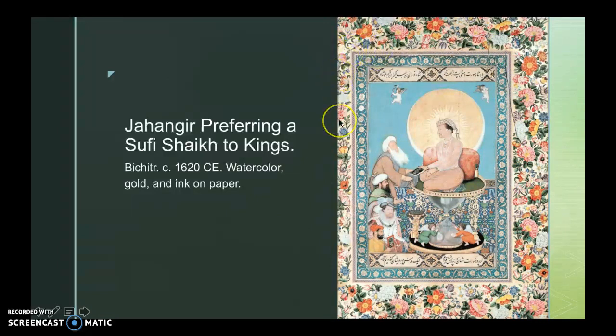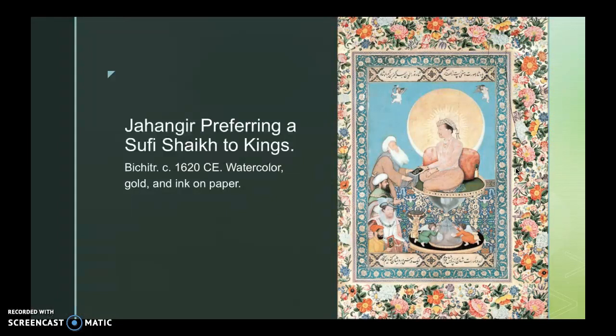Of course, also like the Shahnamas, this book was ripped apart by European collectors who wanted to take the individual paintings. So it no longer exists in its original book form. So let's take a look at what is actually happening in this painting and what it means.